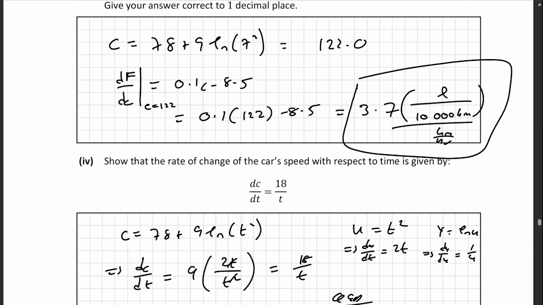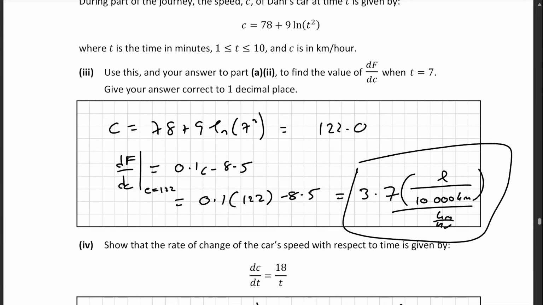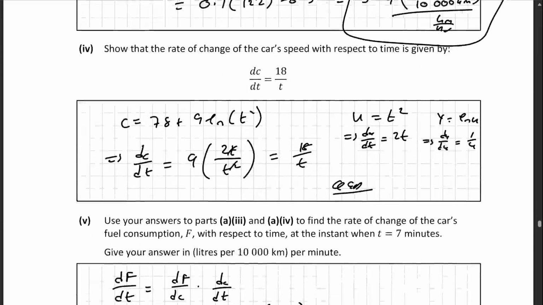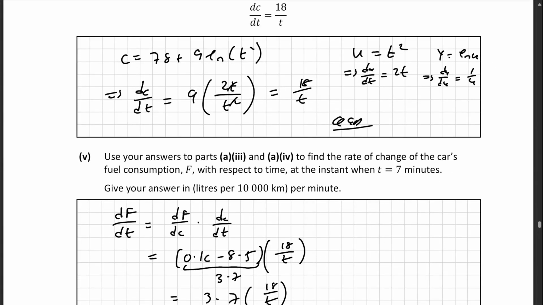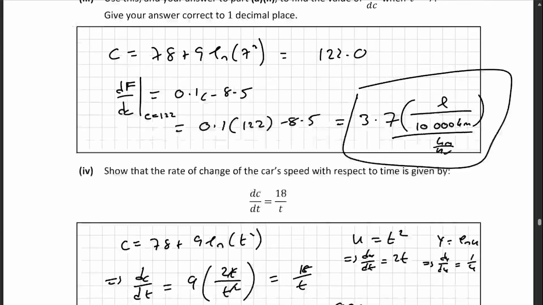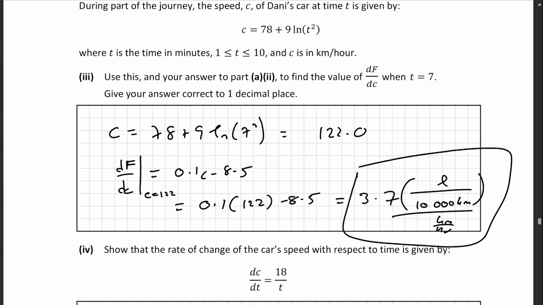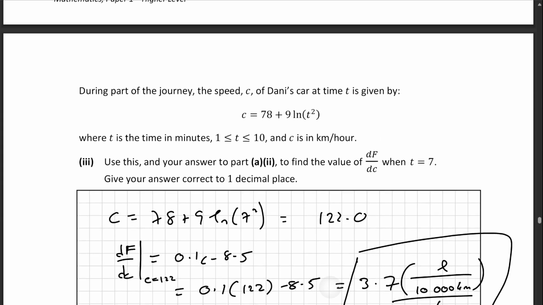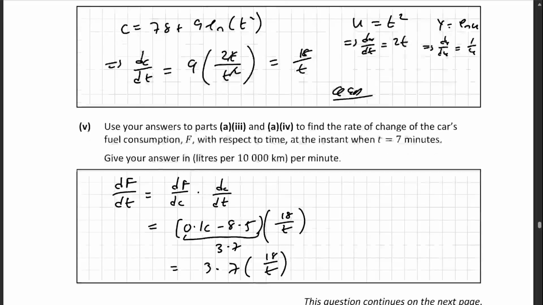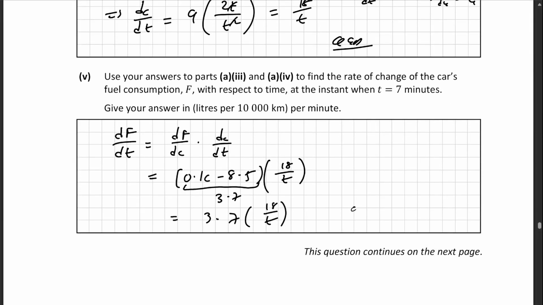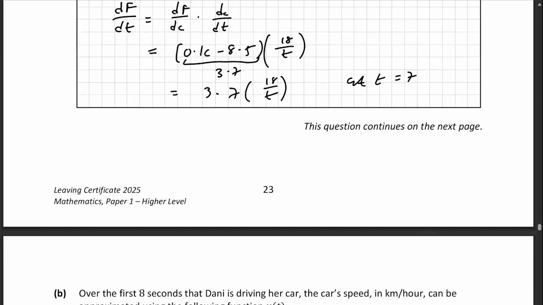Again, I do have to be a bit careful here, just because I know there's probably some unit trouble. So at t equal to 7, t here is in minutes, so we're fine to sub that in. Screen's gone again.